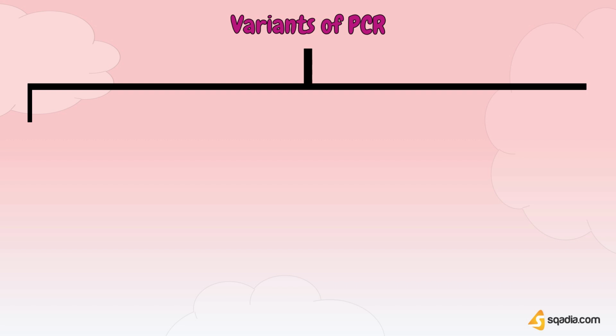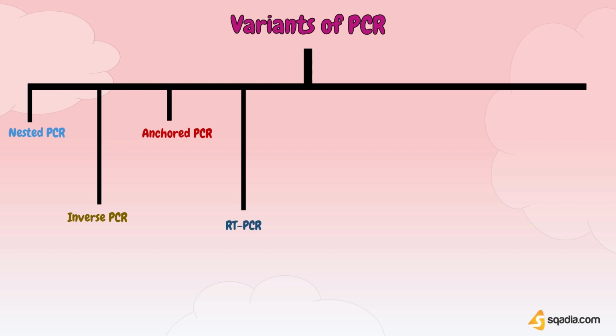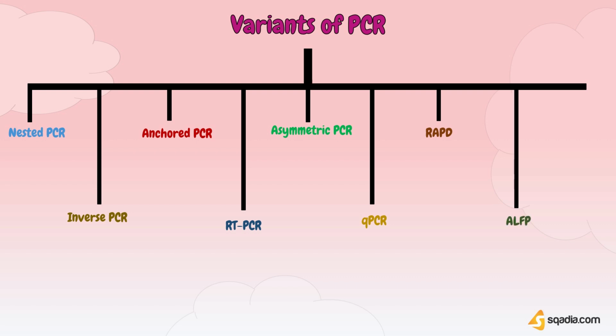Some of the variants of polymerase chain reaction are nested polymerase chain reaction, inverse polymerase chain reaction, anchored polymerase chain reaction, reverse transcription polymerase chain reaction, asymmetric polymerase chain reaction, real-time quantitative polymerase chain reaction, random amplified polymorphic deoxyribonucleic acid, amplified fragment length polymorphism, and rapid amplification of complementary deoxyribonucleic acid ends. It was all about this video on this topic.